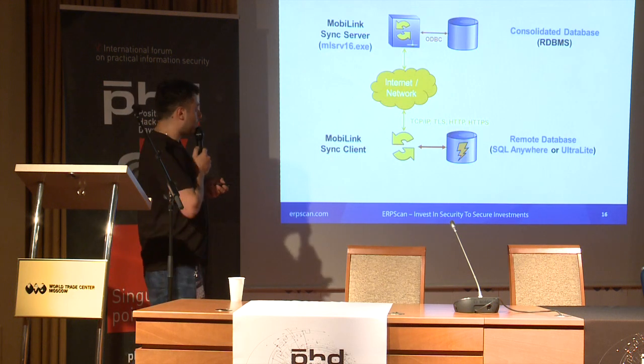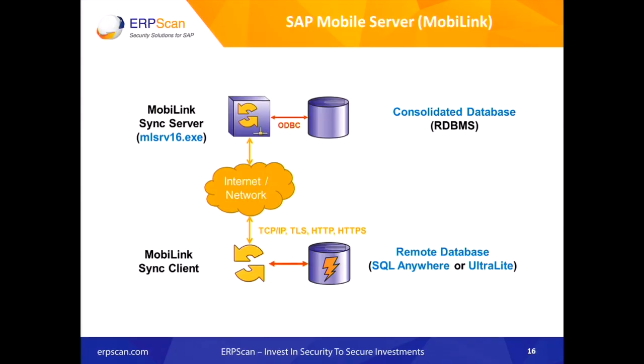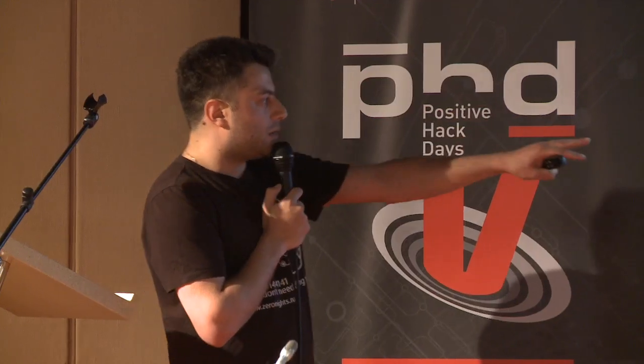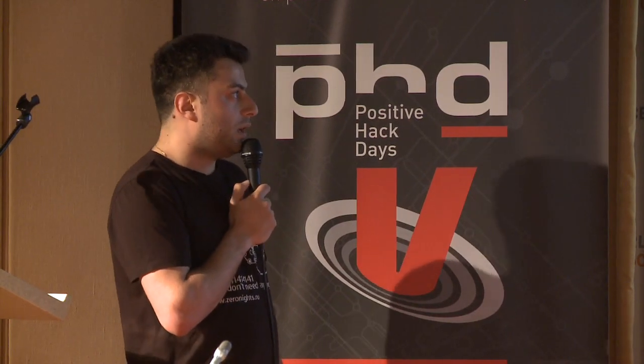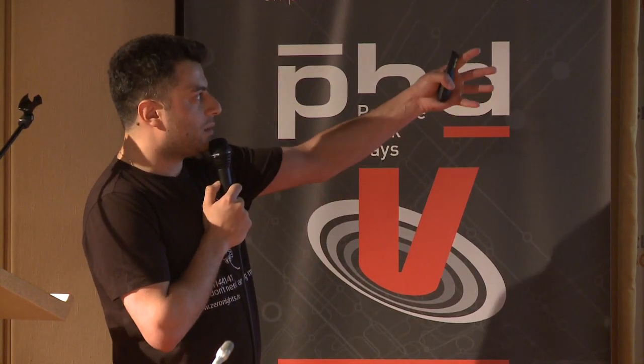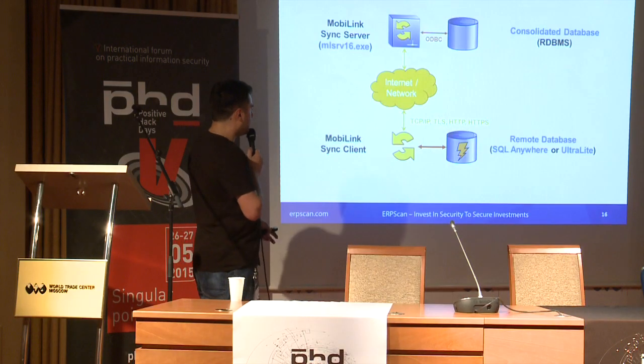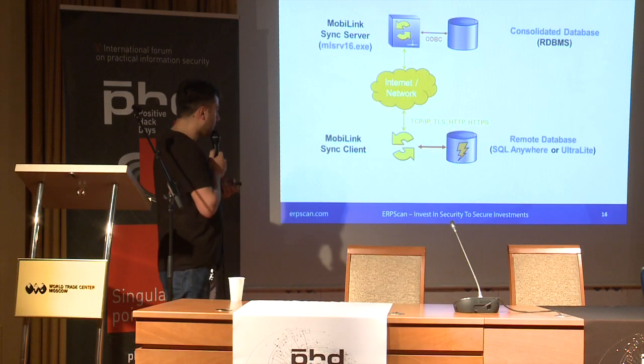Mobilink is a software process which is responsible for syncing data between server and client. The client can connect to the server through the internet using all these protocols listed here, and during the connection, syncing happens between the client database and the server database.